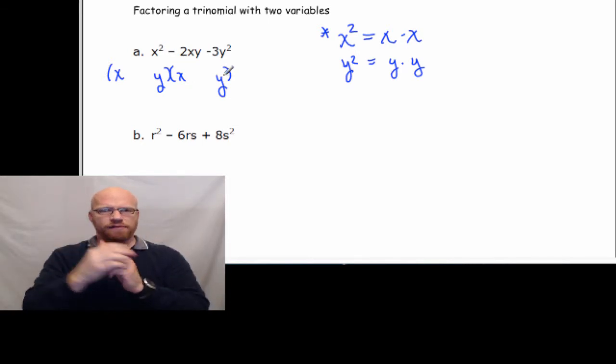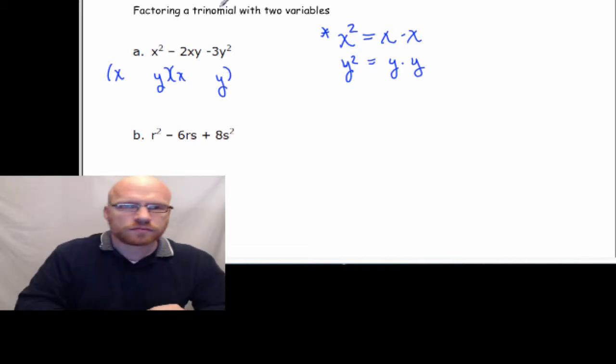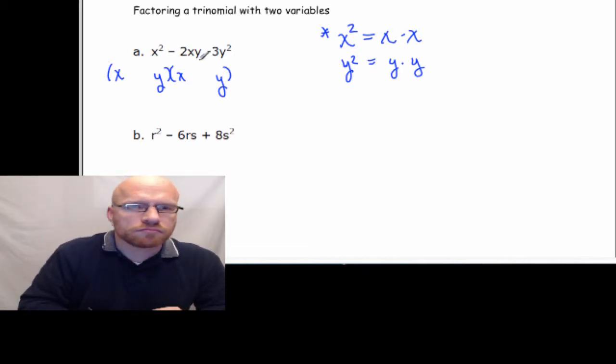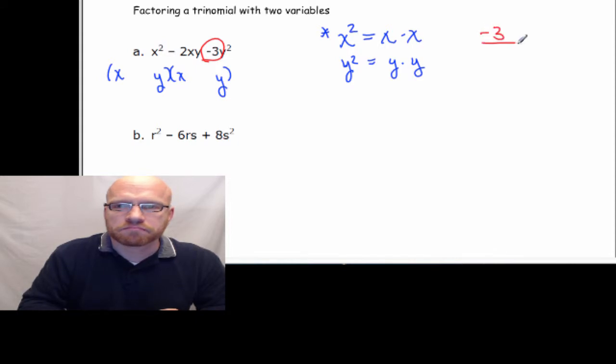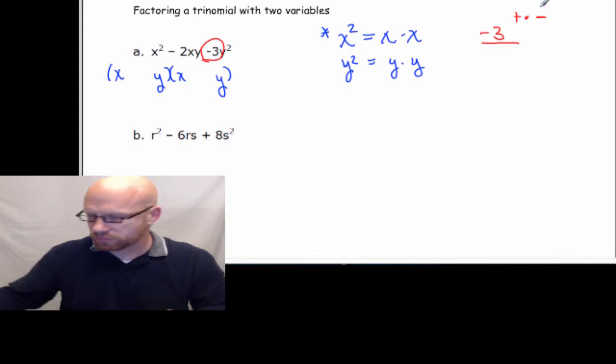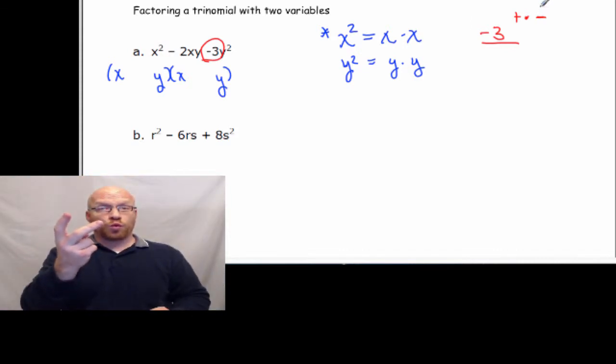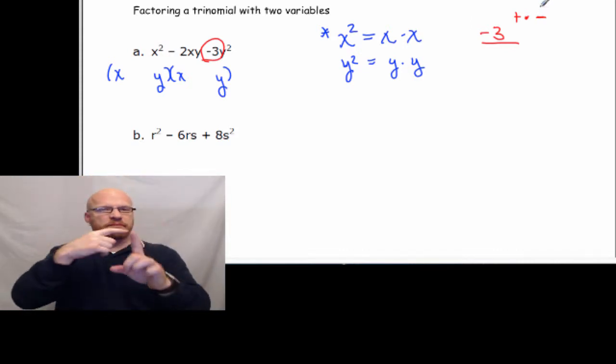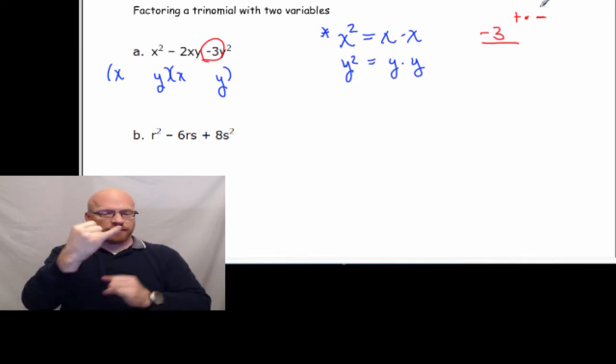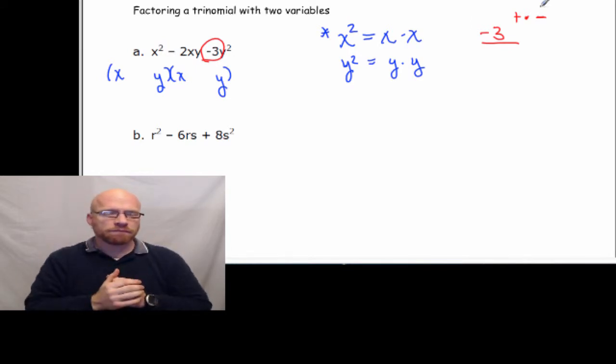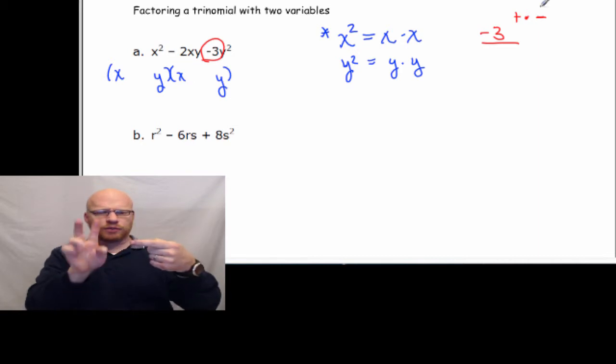But we have minus 3. That part we need to figure out as well. So we're going to need our two factors, one positive, one negative, to have them multiply to be negative 3. Now our middle term is negative 2.